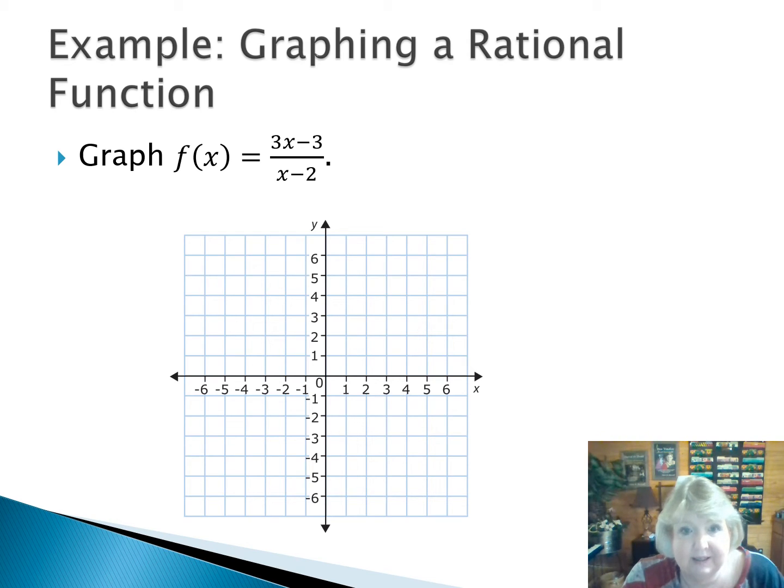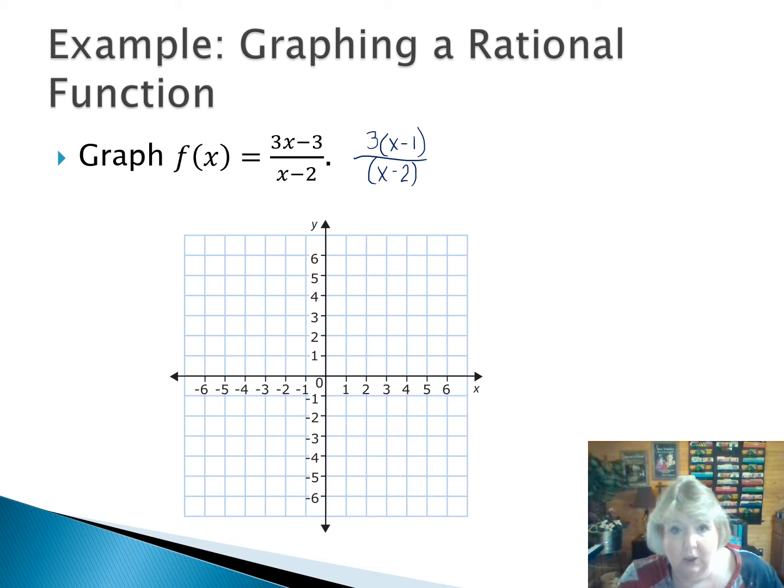If f of x is (3x minus 3) over (x minus 2), the first thing I do is look to see if I can simplify by factoring my numerator and my denominator. And in this case, I notice absolutely nothing is going to simplify. So I look to see, is it even or is it odd?